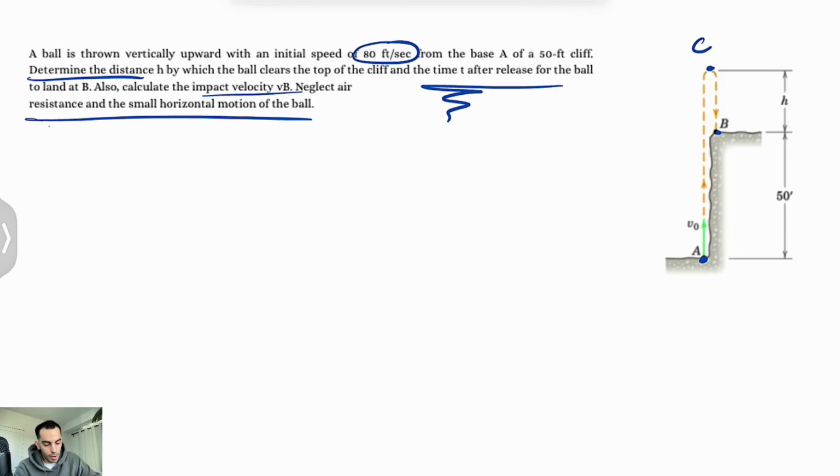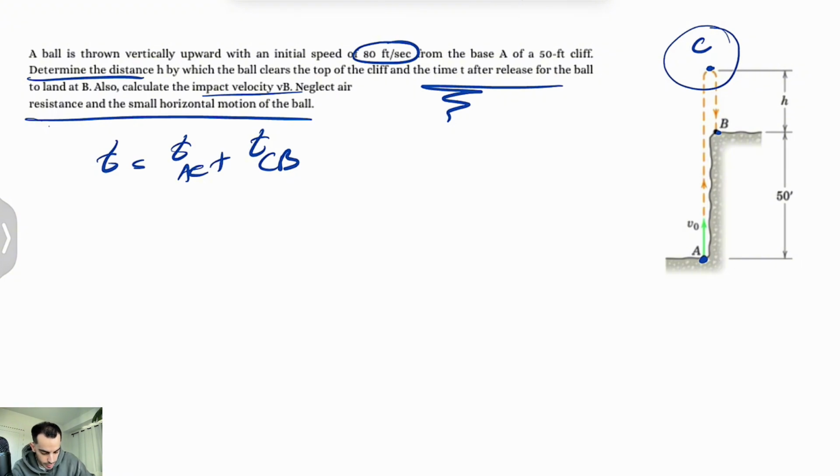So we're going to go with our formula. Let's just figure out the travel time. So the t that we are looking for is TAC plus TCB. What we know here, we have the VA, we have VC.